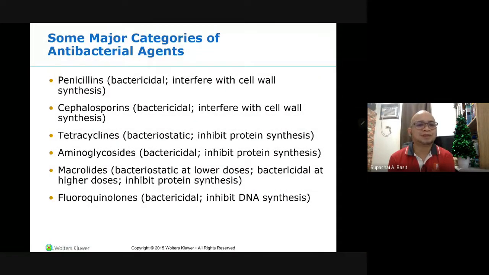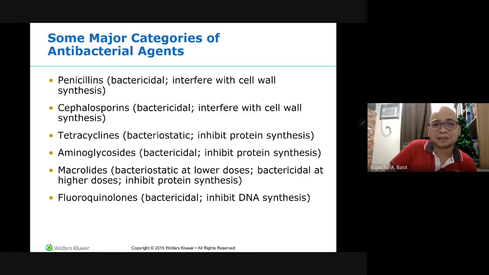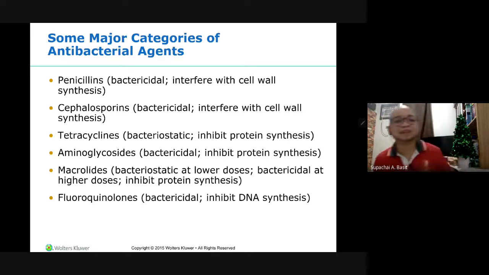As I told you a while ago, it interferes with cell wall synthesis. The cephalosporin group of antibiotics, and I think we are already in the 6th generation, are bactericidal, and it also interferes with cell wall synthesis. Tetracycline is bacteriostatic, so it inhibits protein synthesis alongside aminoglycosides.